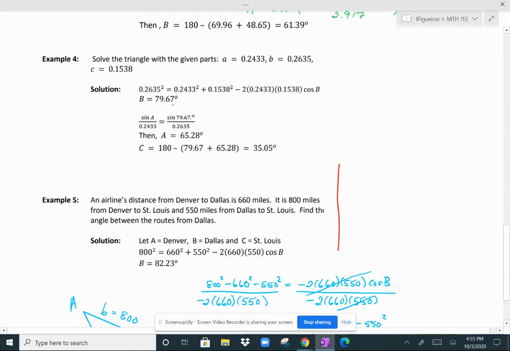All right, so now that I know angle B and side B, I can use law of sines, and I'm going to solve for angle A. So I have sine of A over side A, which is 2.433, equals sine of 79.67 degrees divided by 0.2635, which is your side B. All right, so again, cross multiplying and then taking sine inverse, you get that A is 65.28.